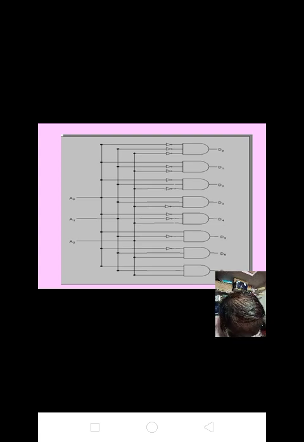Next it is S2 bar, S1 bar, S0 bar. Next one Q1, next one Q2, next one Q3, next one Q4, next one Q5, next one Q6, next one Q7. Okay.